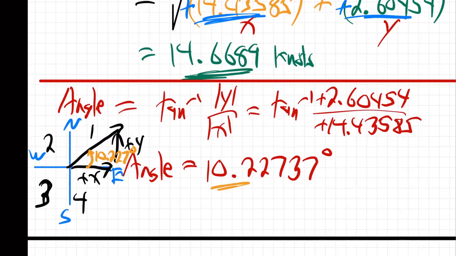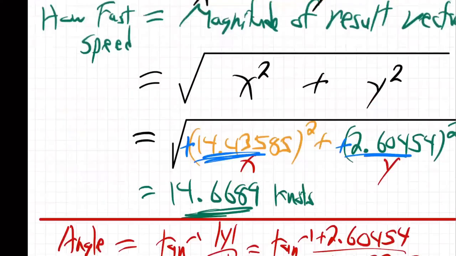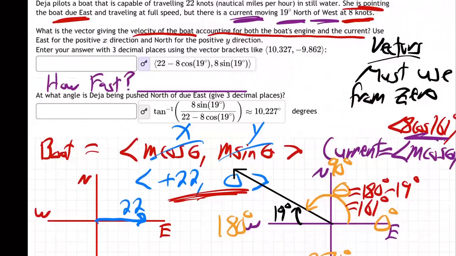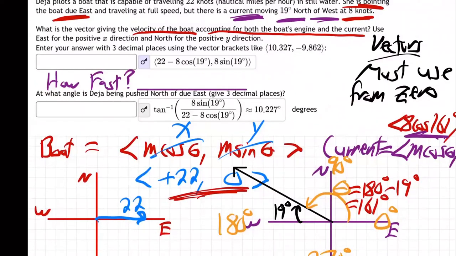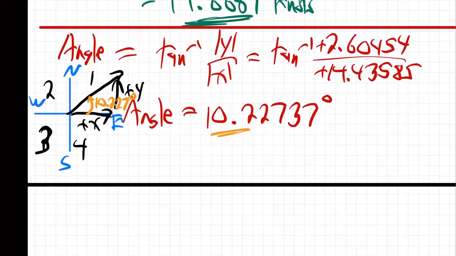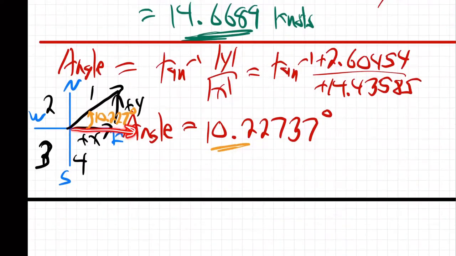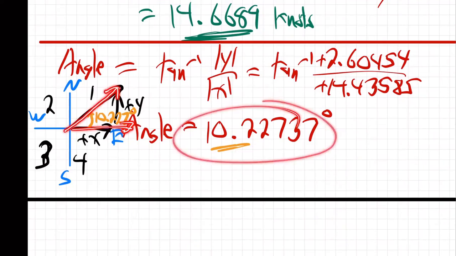Now, what do they want me to say? They're asking me, how far is she being pushed north of due east? Well, that's the answer then, because this is due east. She's trying to go due east, I don't know if you remember, and the current is pushing her north of that. How much? By this angle, 10.227 degrees.